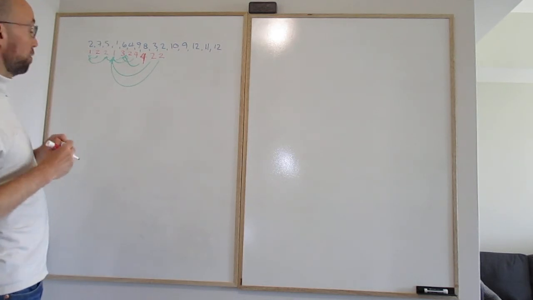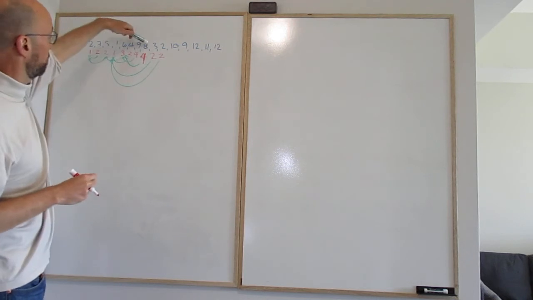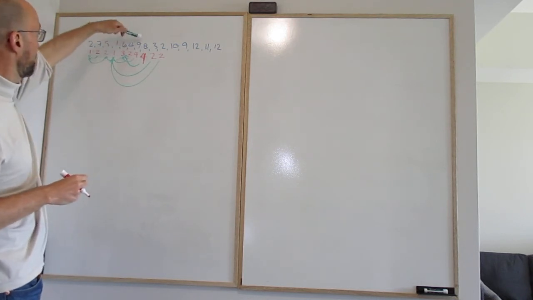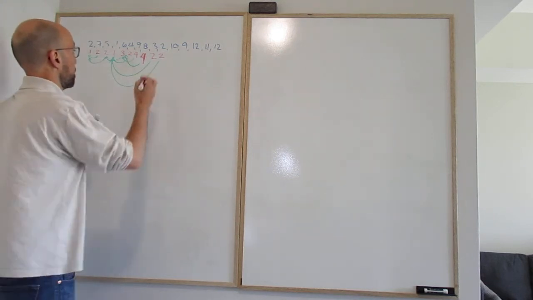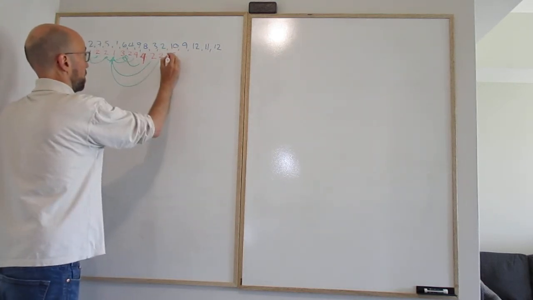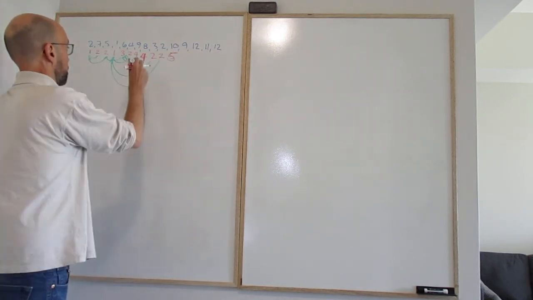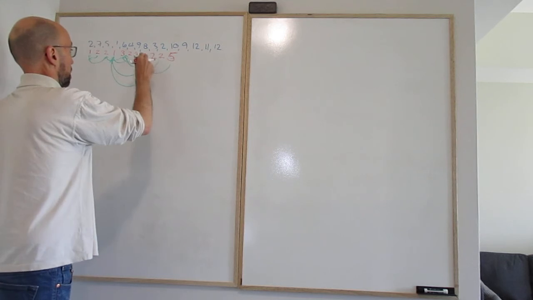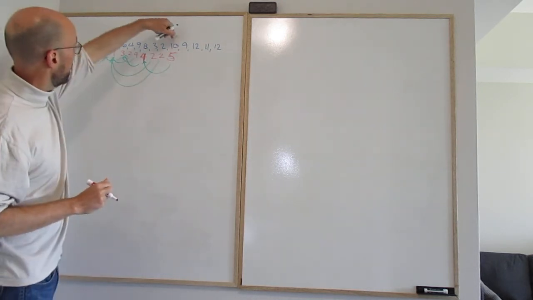10, we go back, and the biggest number we find is a 4, which is either at the 9 or at the 8, so maybe we take the 8. So that's going to give us a 5 here. Remembering to write bigger. It's going to point at the 8. The 9, we ignore the 10.